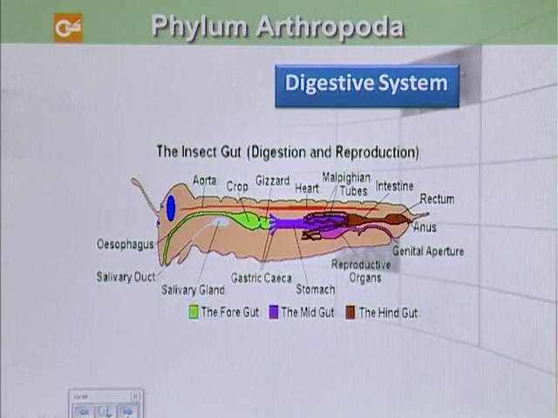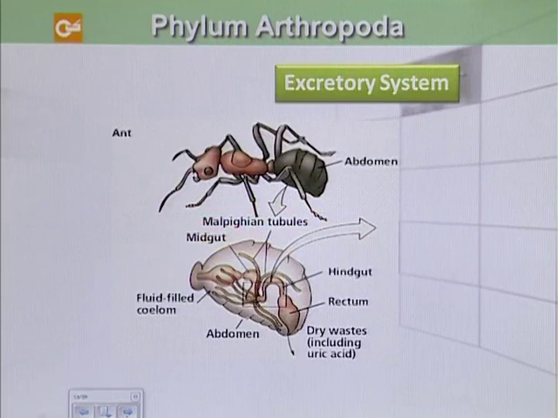One is mouth, the other is anus, and it is divided into different parts, and each part performs different function. For example, you can see crop and gizzard here. It is a part of digestive system. And then for excretory system, they have Malpighian tubules, which are extensions between midgut and hindgut.